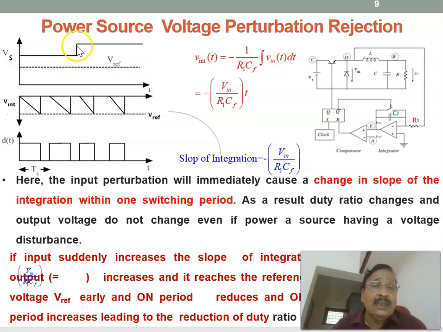Therefore, as the input voltage perturbation occurs, you can see from this itself that the slope of the integrator output is increasing because Vin is increasing, and it reaches the reference earlier, so the on period reduces and the off period increases, and thereby the duty ratio is reducing.